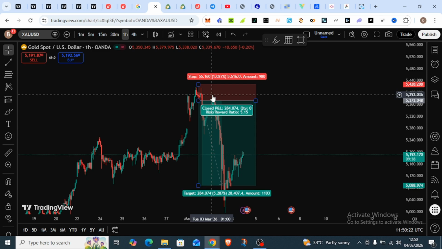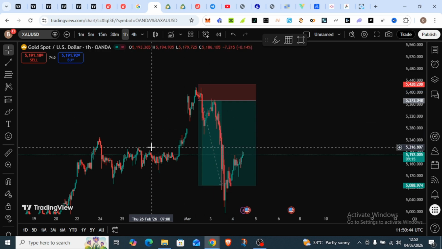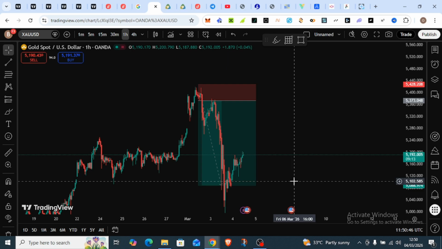You've seen the stop loss pips here as 5,516. If you use your calculator and divide this, you are going to get 100 all over 5,516. Your lot size is going to be 0.018.